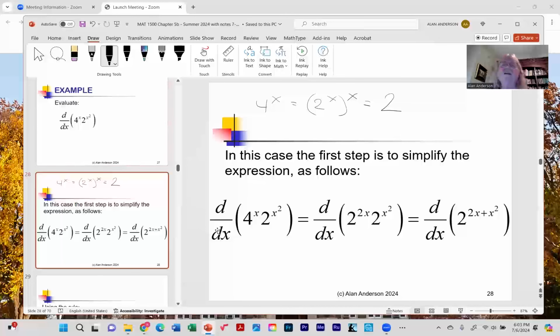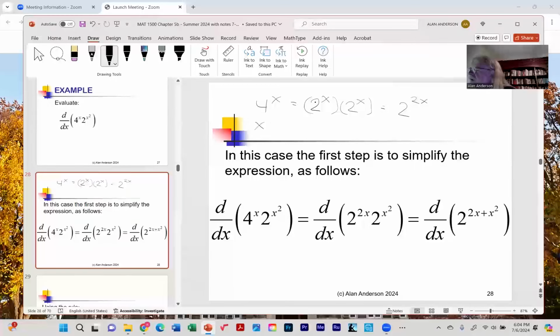Actually, no, I'm writing this incorrectly. Sorry. So let's just make an example.